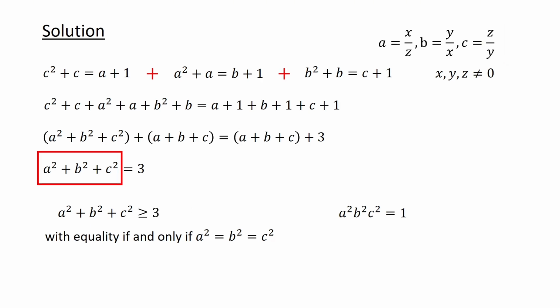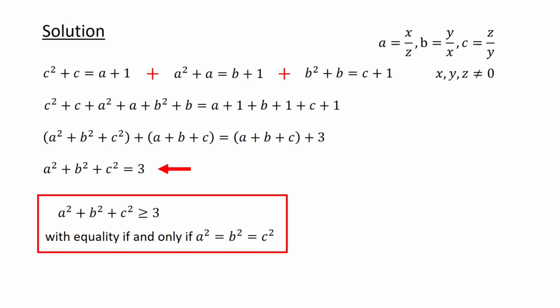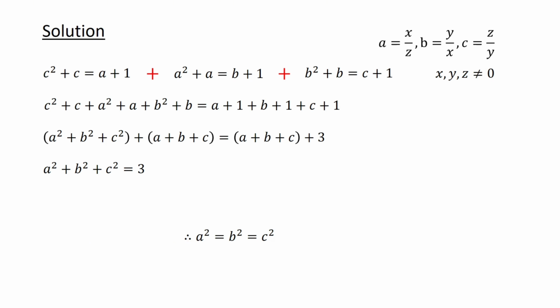Since the variables satisfy the equation a squared plus b squared plus c squared equals 3, and we showed that the left hand side is greater than or equal to 3, and equals 3 if and only if a squared equals b squared equals c squared, therefore we have a squared equals b squared equals c squared.